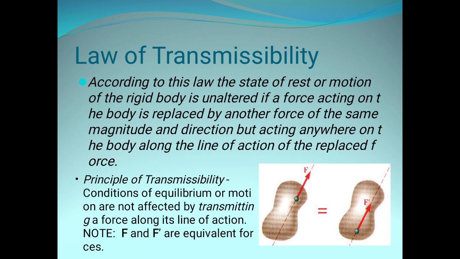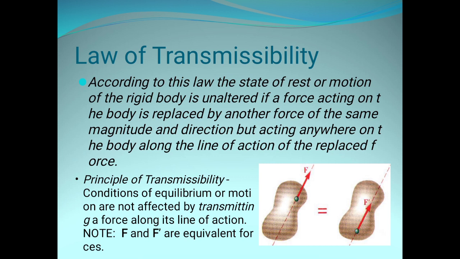A line of action means the same line, which we mention as dotted lines. So the force F acts anywhere on the line of action with the same magnitude and direction. This is called the law of transmissibility. The conditions of equilibrium or motion are not affected by transmitting a force along its line of action.